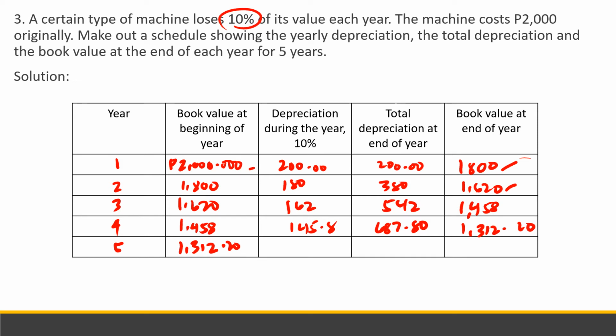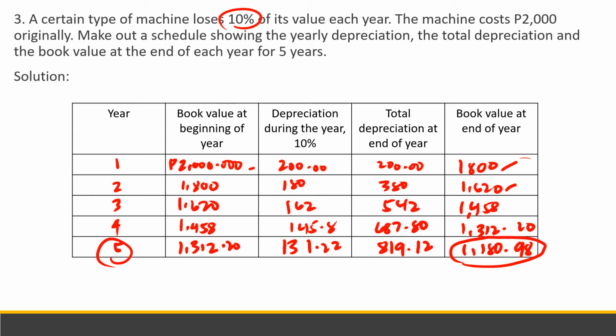So 10% ng 1,312 is 131.22. So the total depreciation, overall total is 819.12. So the book value at the end of 5 years is 1,180.98 na lang. So yan yung book value at 5 years.